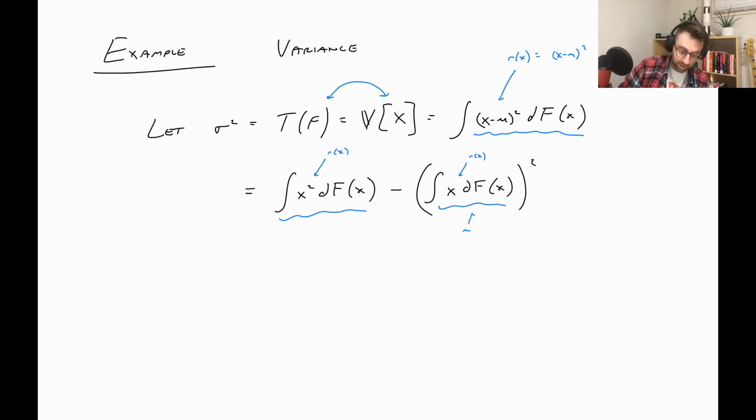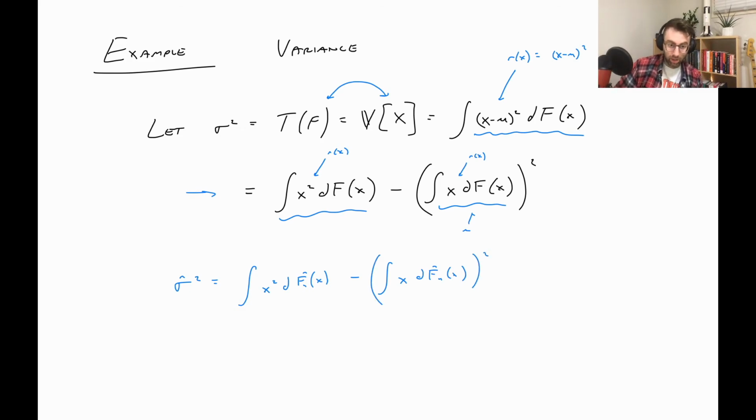So if we keep going now, I want to say sigma hat squared. So our estimate for the variance is, well, plugging into this line here, we get the integral of x squared dF hat of x minus the integral of x dF hat of x, that whole thing squared.